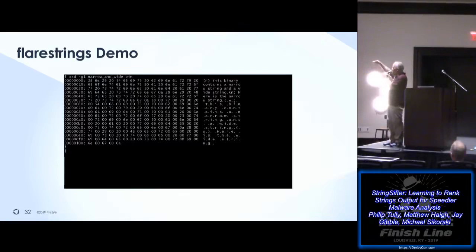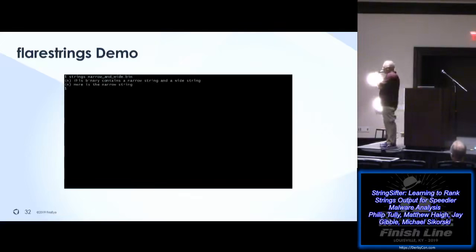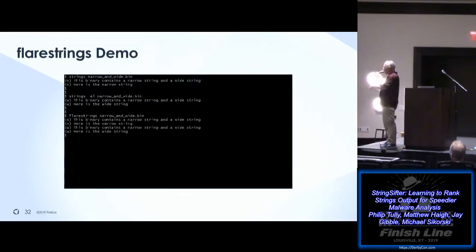If you look closely, you'll see there are some narrow strings, some ASCII strings, and there are some wide strings that have the zeros interleaved with the actual characters. So if you run the vanilla Linux strings on that, you only see the narrow strings. But if you run strings again with the -el flag that reveals the wide strings, you only see the wide strings. And then if you run this tool, Flare Strings, you get them all. So the takeaway here is Flare Strings just gives you a more uniform, more complete output.